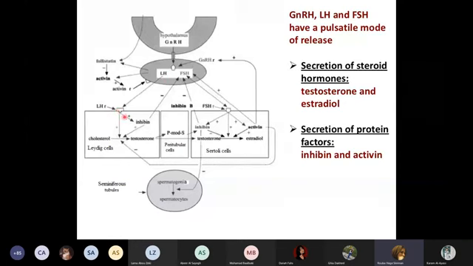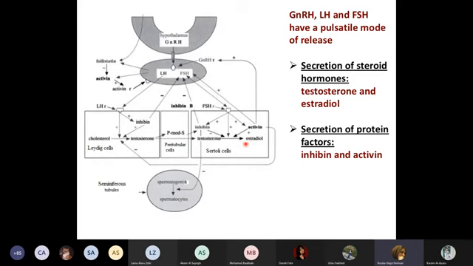LH, for example, will stimulate the Leydig cells to secrete testosterone, and the testosterone will also be going into the Sertoli cells and will be transformed into estradiol. And this transformation will not be possible if there is no FSH, because FSH, when it binds to the receptor, triggers the expression of the aromatase enzyme that is needed for testosterone to be transformed into estradiol. So this is very important.